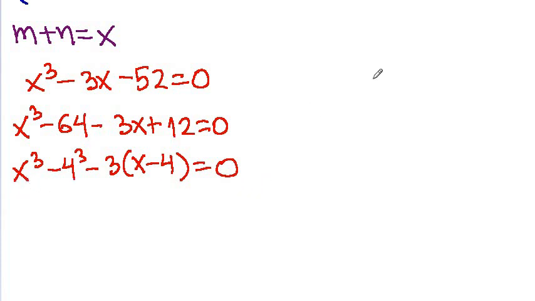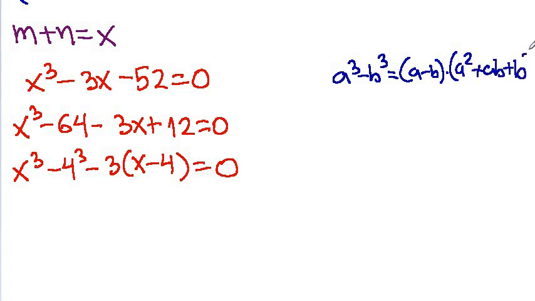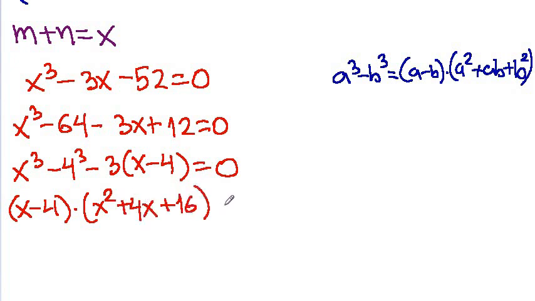And this is the formula. So okay, let me write. We know that a cubed minus b cubed is equal to a minus b times a squared plus ab plus b squared. So therefore, using this property, we'll get x minus 4 times x squared plus 4x plus 4 squared, which is 16, minus 3 times x minus 4 is equal to 0.